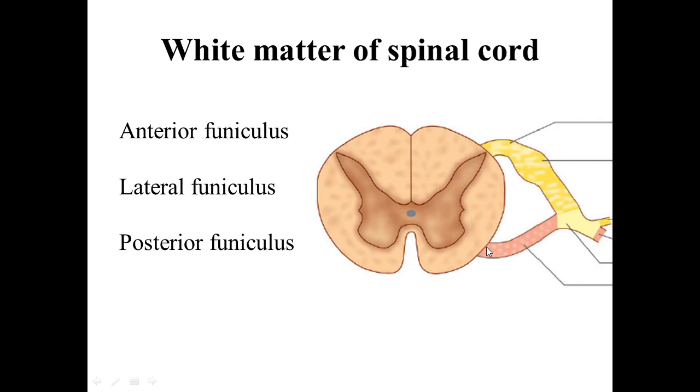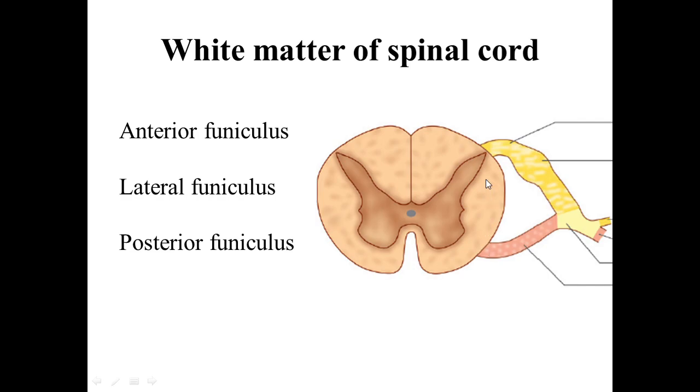Then the lateral funiculus lies between the anterolateral sulcus and posterolateral sulcus. Posterolateral sulcus is the site where the dorsal root is attached.